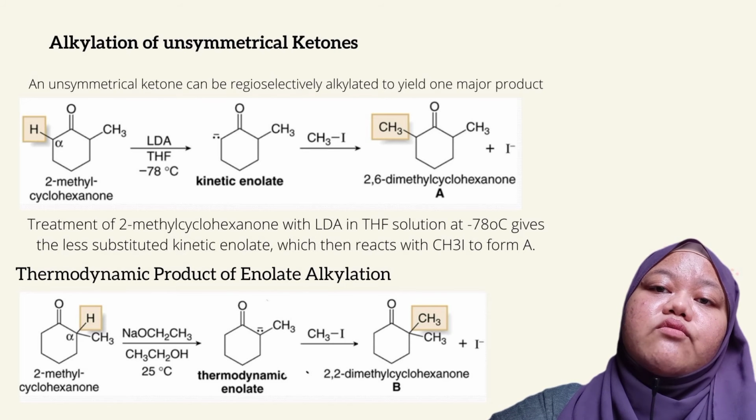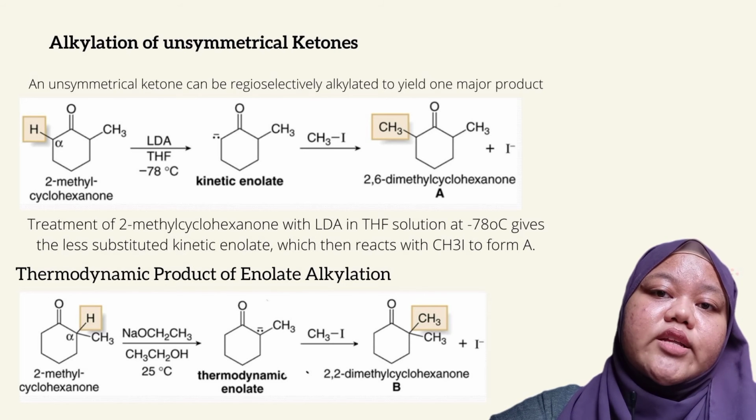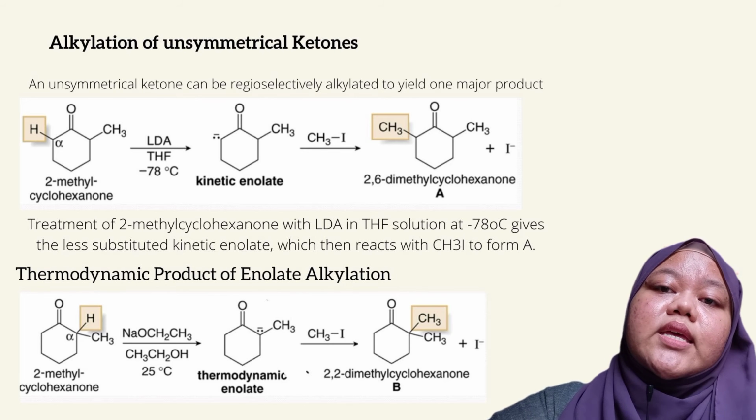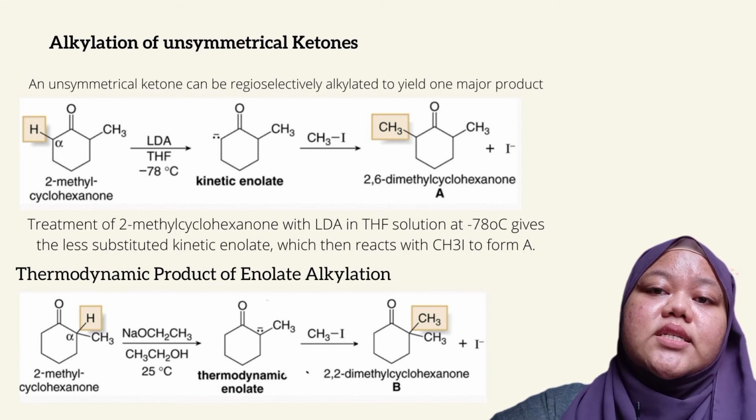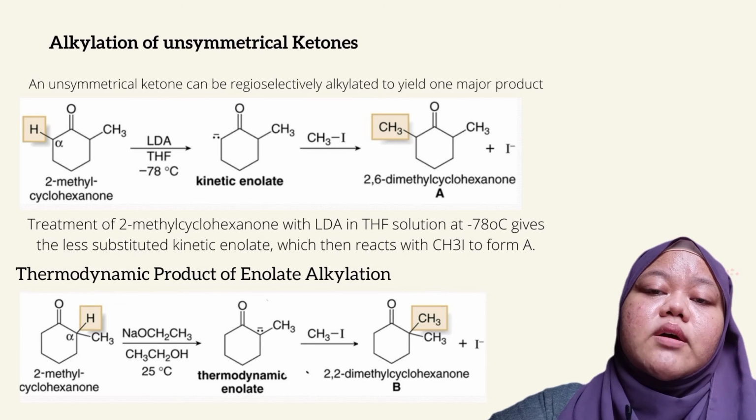The enolate then reacts with CH3I to form B. While enolate alkylation at the less substituted alpha carbon using LDA is a reliable regioselective reaction, alkylation at the more substituted alpha carbon with sodium ethoxide may lead to a mixture of products.